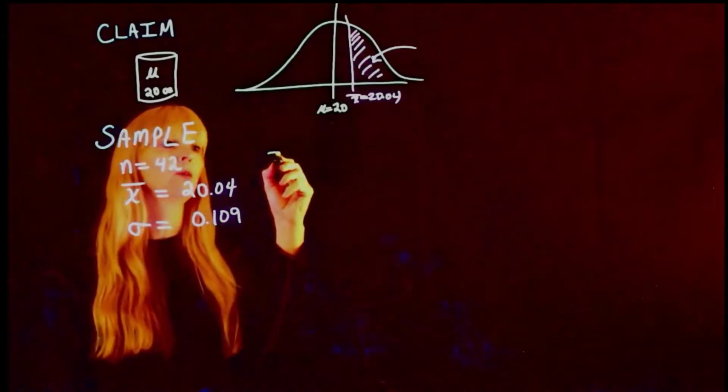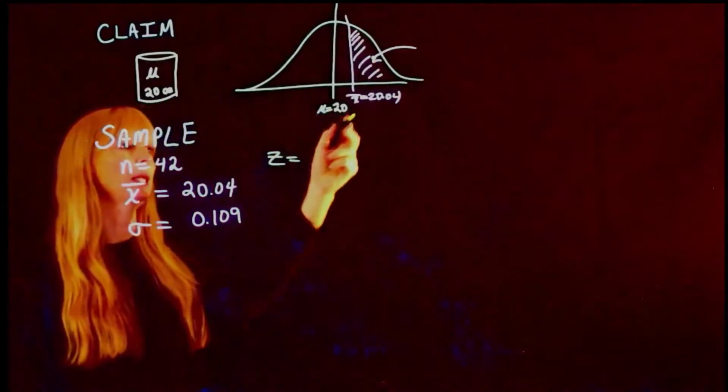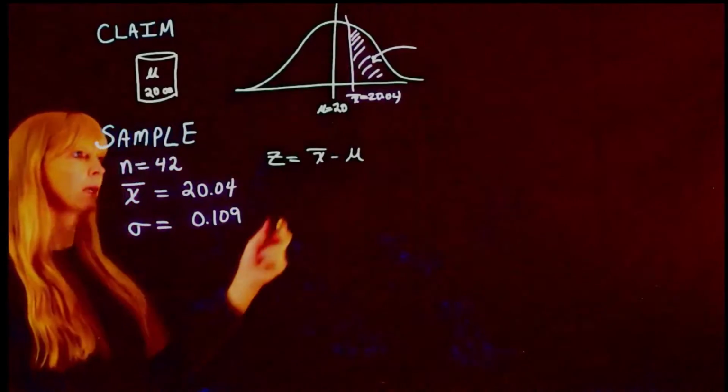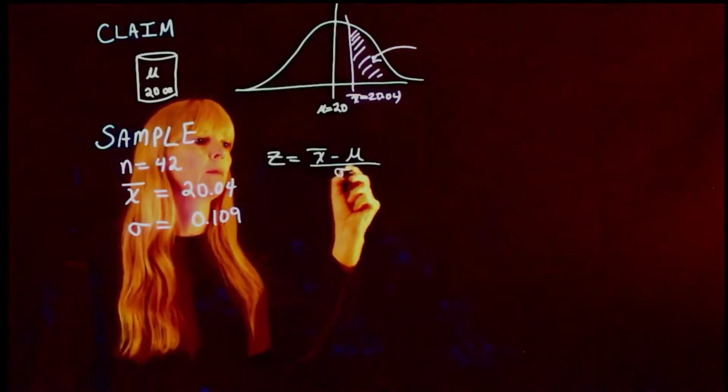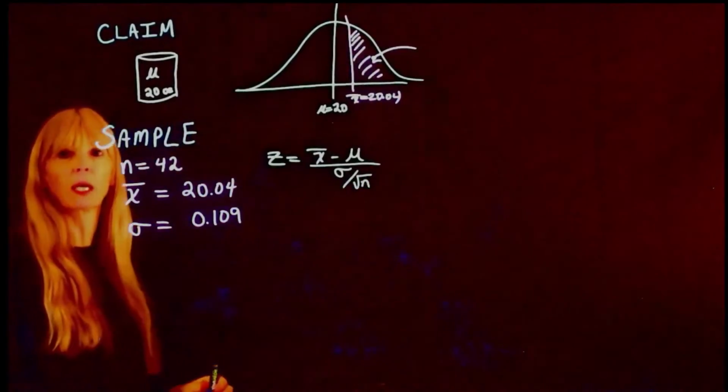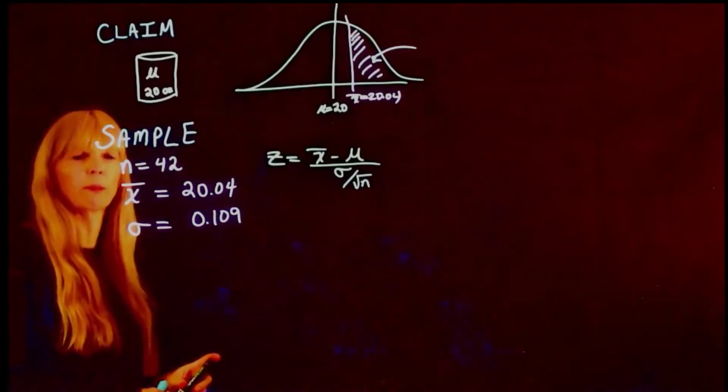The z-value is found by taking the sample mean minus the population mean divided by the population standard deviation, and in this case we have a sample size. So we do the square root of our sample size.